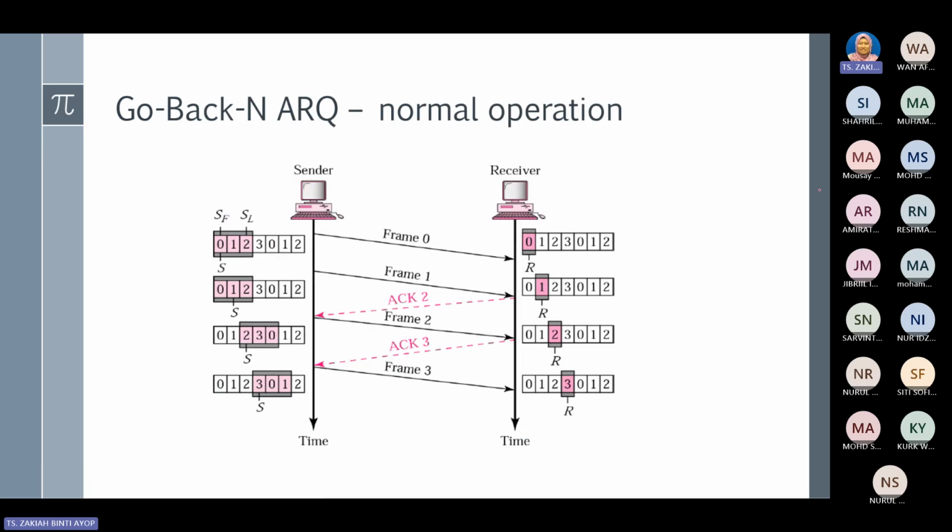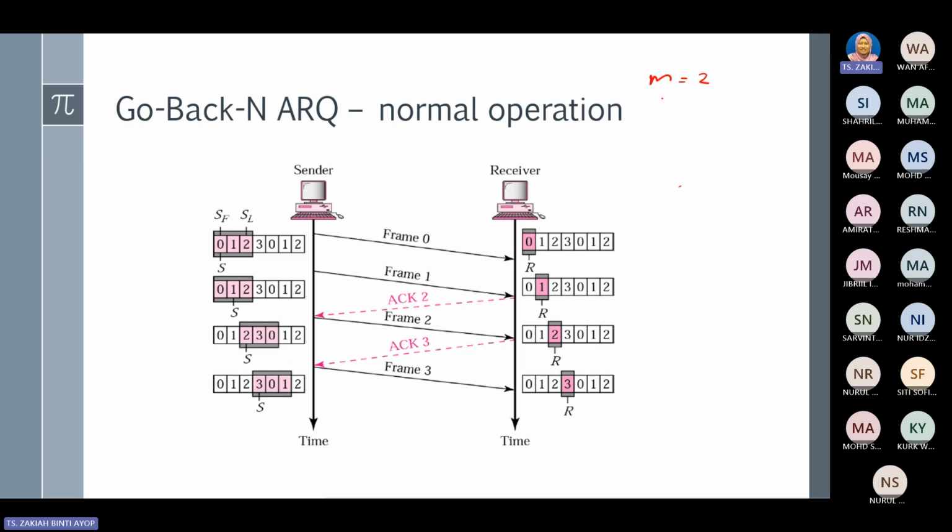Now see that. Okay, so in this case, the size of the sliding window is 3, right? So it means that the sequence is 0, 1, 2, 3. So as you can see, m is equal to 2.